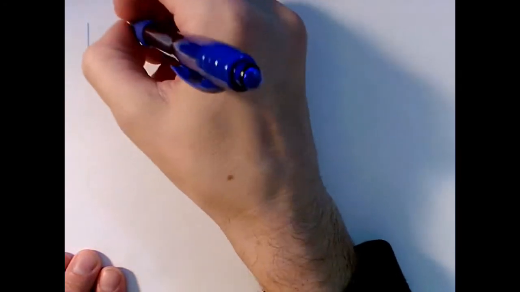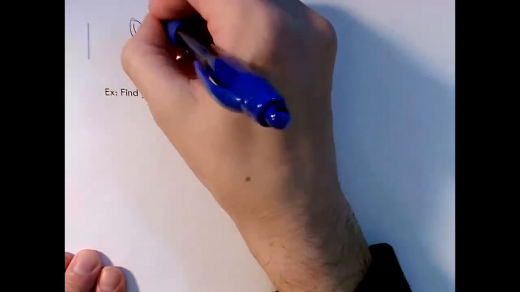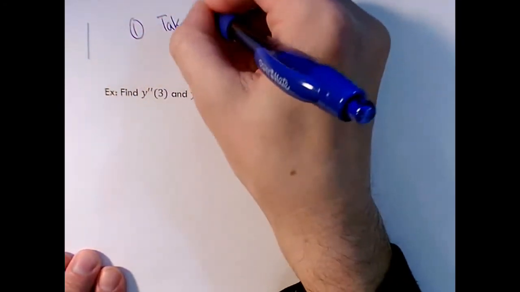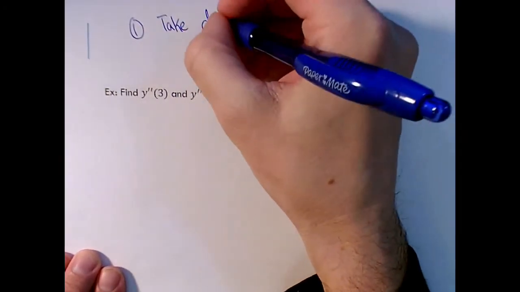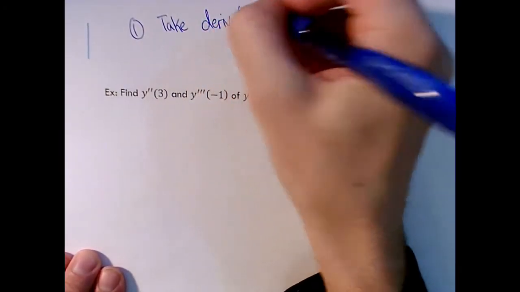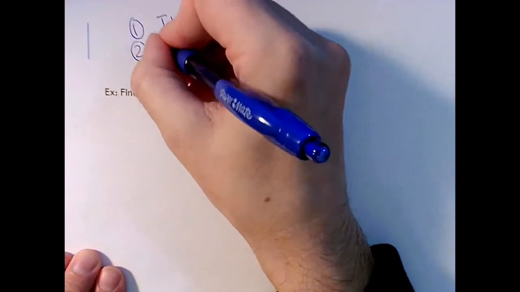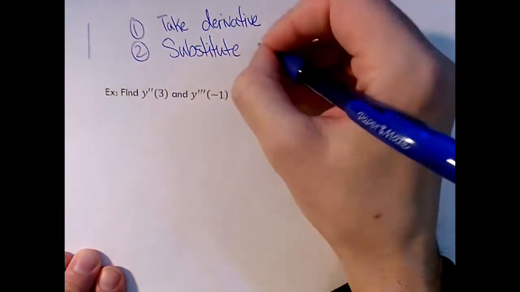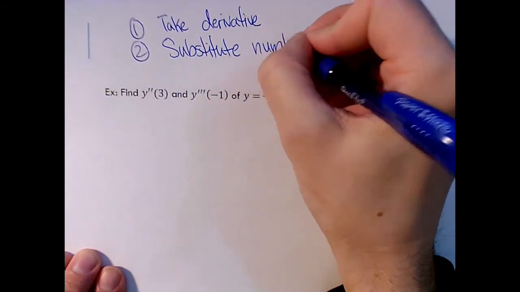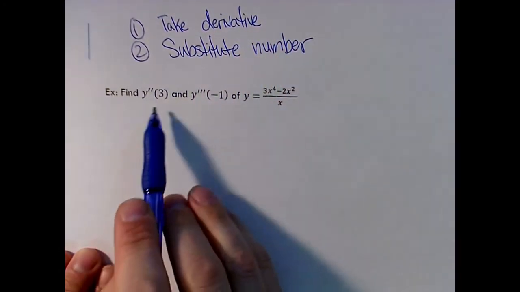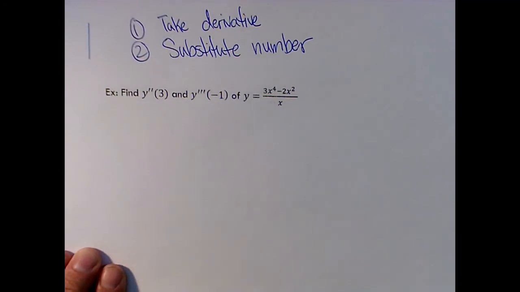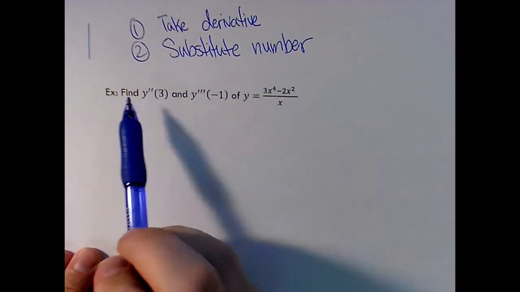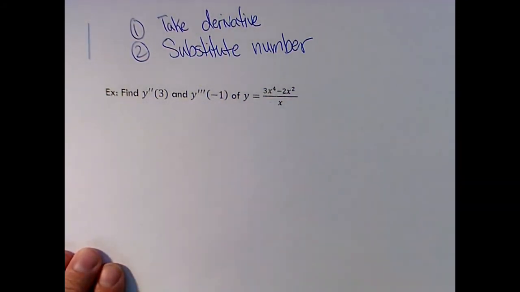Now, it's very important that we understand with these problems, you take the derivative first, then substitute in the number. Why not go in the reverse? Because if I were to plug in 3 into that guy, I would get a number. Okay? And if I took the derivative of a number, I get 0. So it's kind of a waste of time.